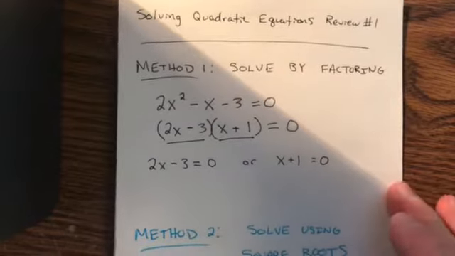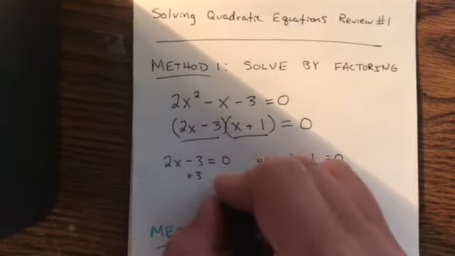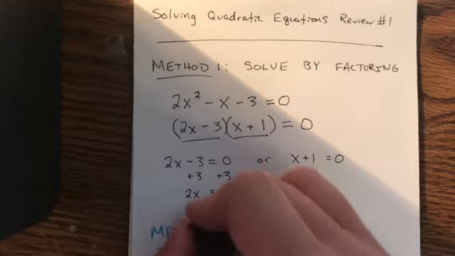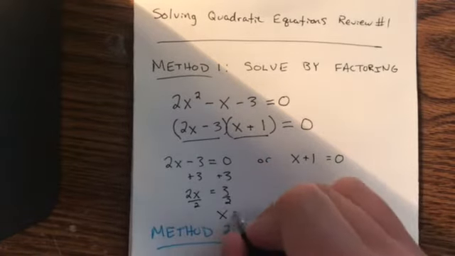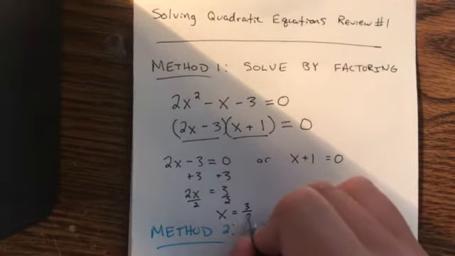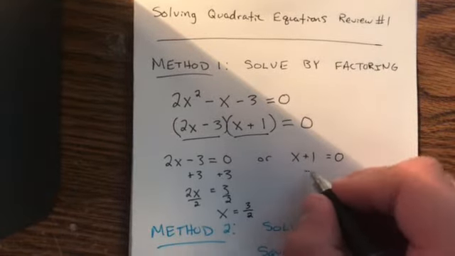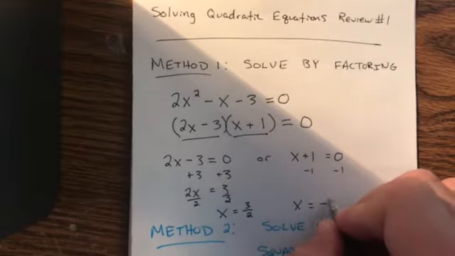Now we just have two basic equations to solve. Add 3 to both sides, and we would have 2x is equal to 3. Divide both sides by 2. X is equal to 3 halves, or 1.5. I prefer just to write 3 halves. Subtract 1 from each side over here, and we get x is equal to negative 1.